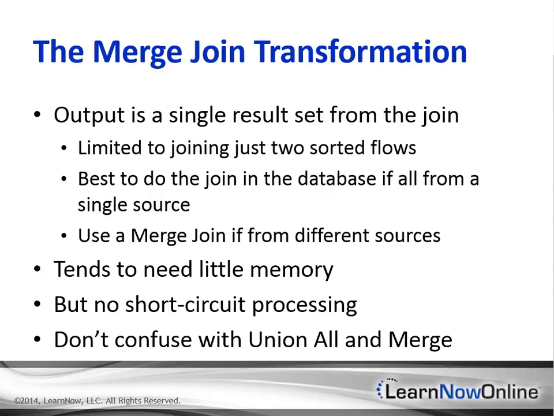These two transformations are similar in that they combine the rows of data from two or more data flows using an operation much like the union keyword in a SQL select statement. But despite the similarity in names, the merge transformation does not perform a join on the data as the merge join transformation does. The operations are actually quite different. So just be aware: merge is similar to union all; merge and merge join are completely different.